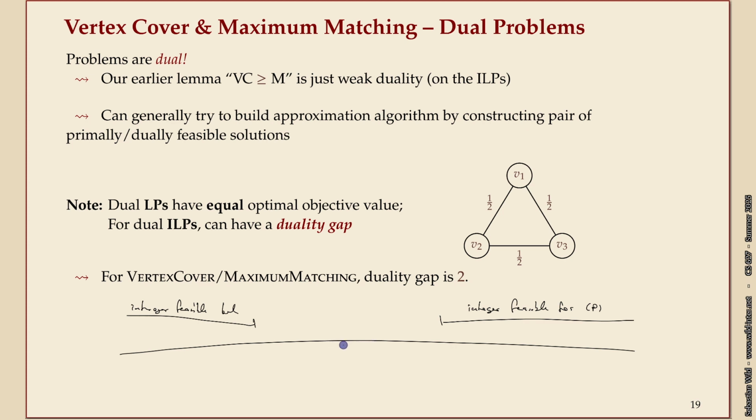And for the LPs, you know that they match. There's no duality gap for LPs, but for the integral problems, there's a gap from going from all solutions to integer solutions in either of the 2 problems, and so there's also a gap when going from the integer linear program to the dual integer linear program. And that's what we call the duality gap.